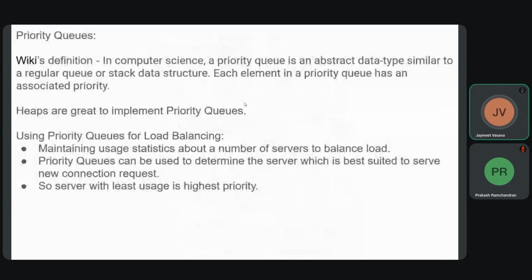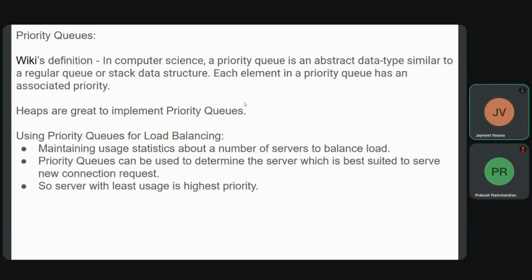Next after heaps is the implementation of heaps as priority queues. Wiki's definition of a priority queue: a priority queue is an abstract data type similar to a regular queue or stack data structure, and each element in a priority queue has an associated priority. So heaps are great to implement priority queues, and using priority queues for load balancing.